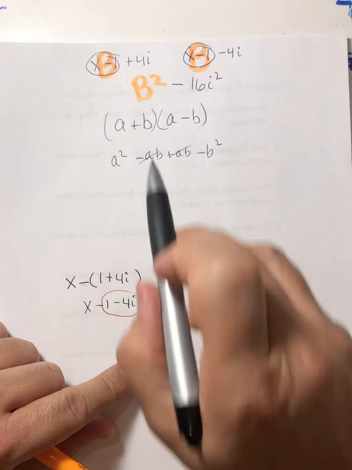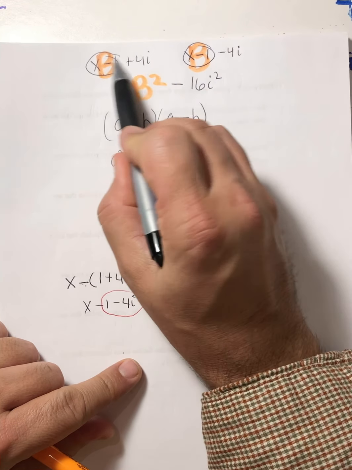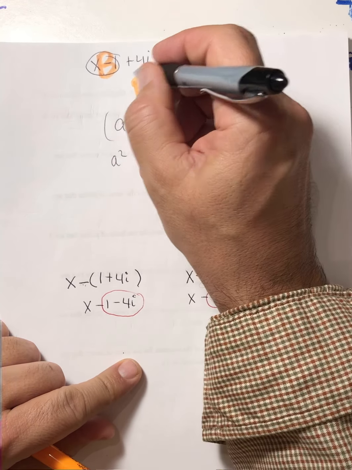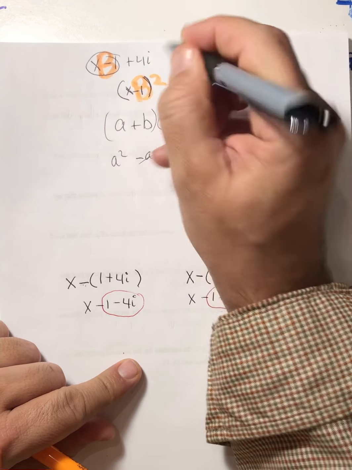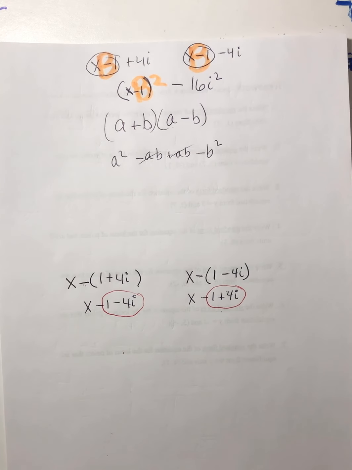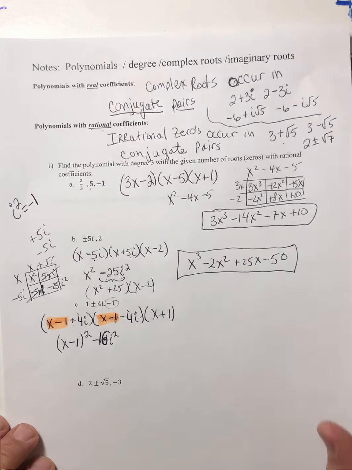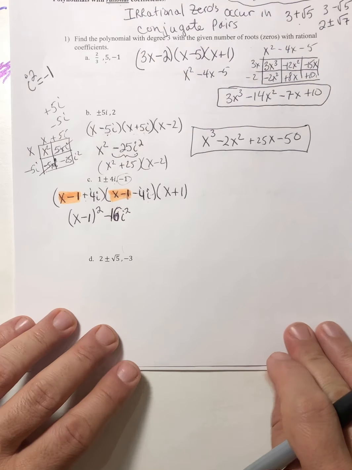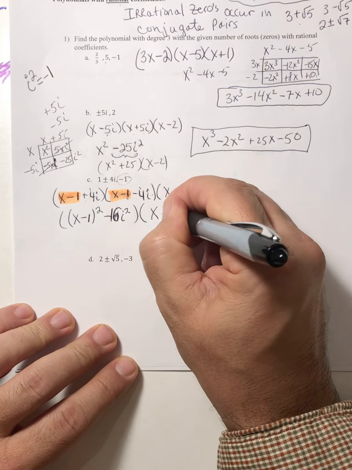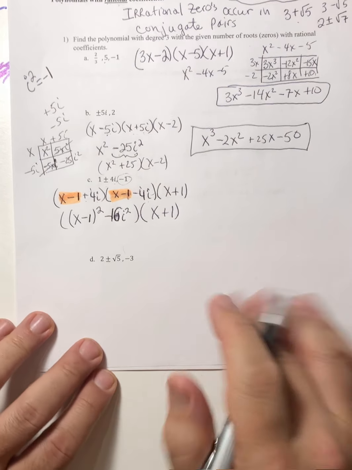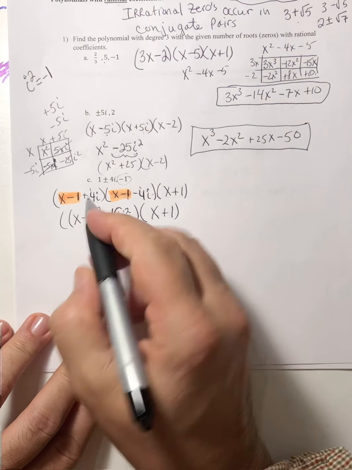Okay? And then we just called b x minus 1, so that's how come I can just swap out the b and then squeeze in x minus 1. So that's what's going on there. Okay, so it's this times x plus 1. All right, so we have some cleaning up to do here.